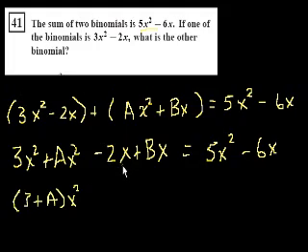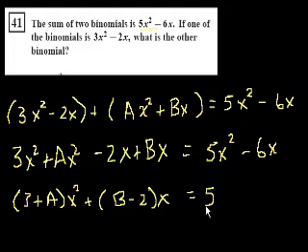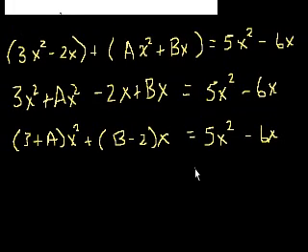And then minus 2x plus bx, that's the same thing as (b minus 2)x. I just took the coefficients and added them together. I switched them, but we could have written this in the other order to begin with, is equal to 5x squared minus 6x.